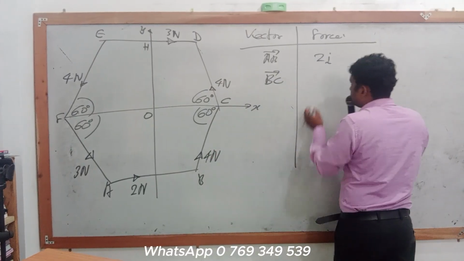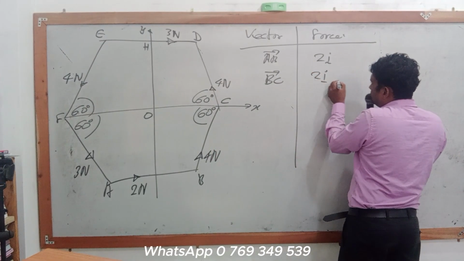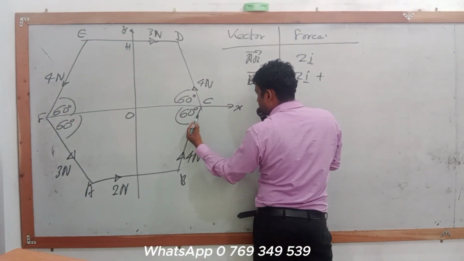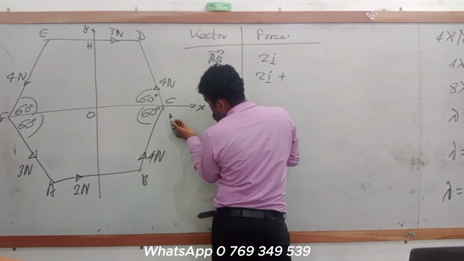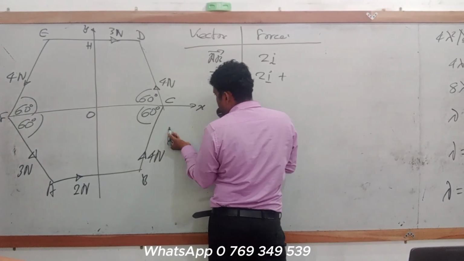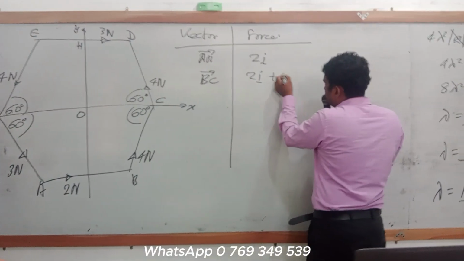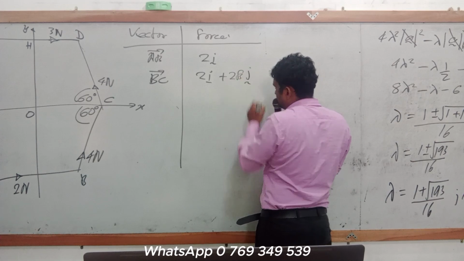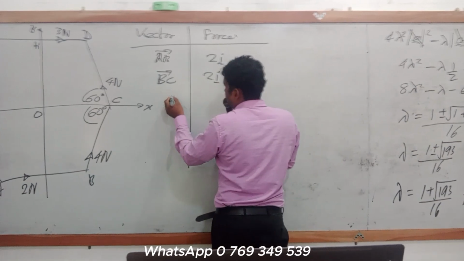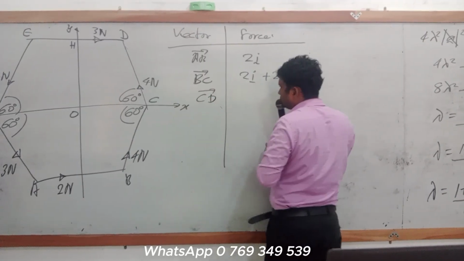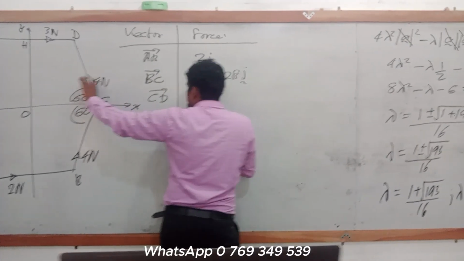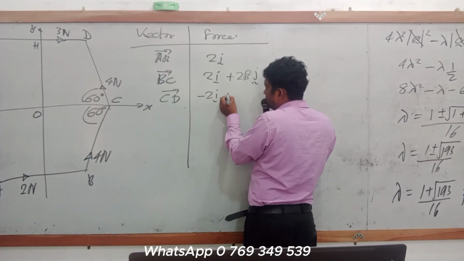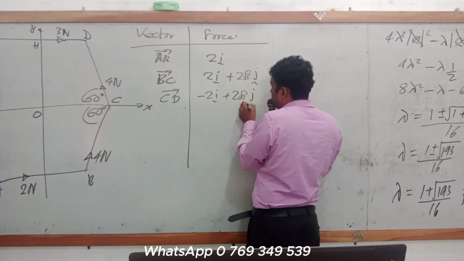Therefore 4 divided by 2, 2i, plus 4 newton sin 60. Sin 60 is root 3 over 2. Therefore 2 root 3 j, that is BC. And CD, that is 4 newton cos 60, other side, minus 2i plus 2 root 3 j.